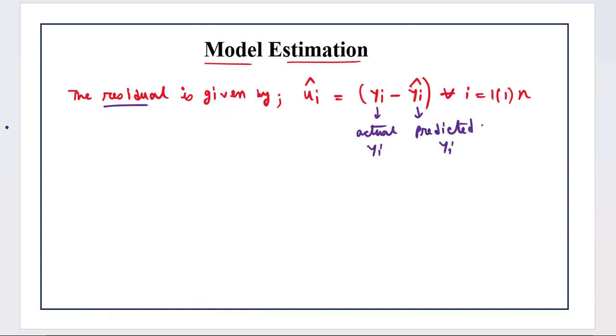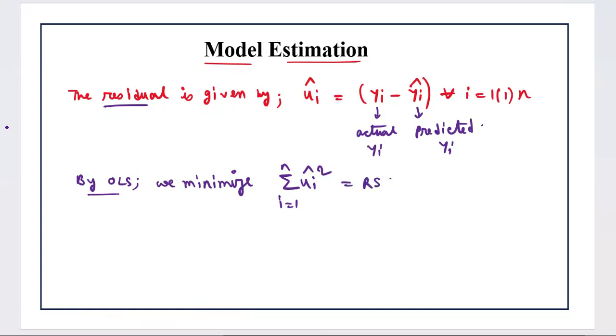Now we shall use OLS. We minimize the error sum of square or the residual sum of square with respect to beta 1 cap, beta 2 cap, and beta 3 cap.